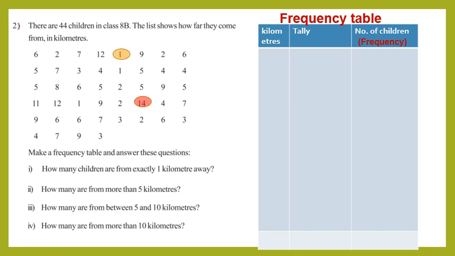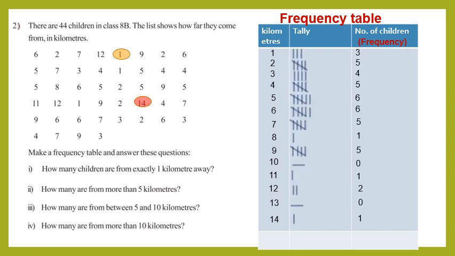Then write numbers 1 to 14 in the first column. Then draw the tally marks and write the frequency. Hope you are able to do this. Then find the total at the end. Here total is 44.